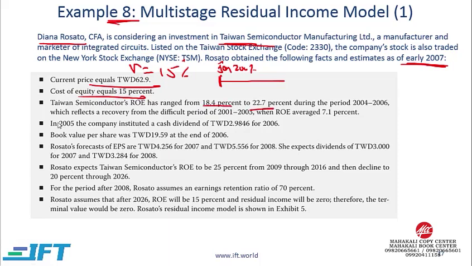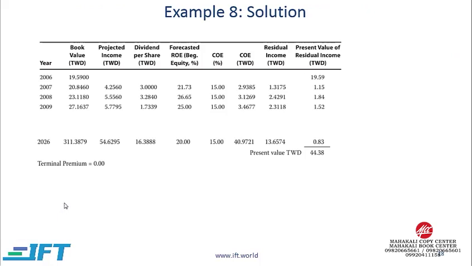So you can read through the rest of this information over here. I am going to actually move forward to the next slide and just illustrate the main point. So this estimate is done from 2007 till the end of 2026.